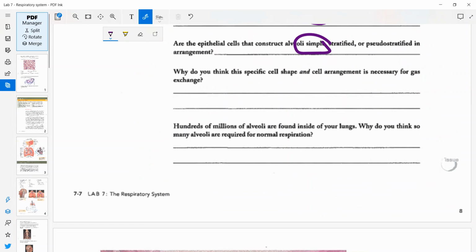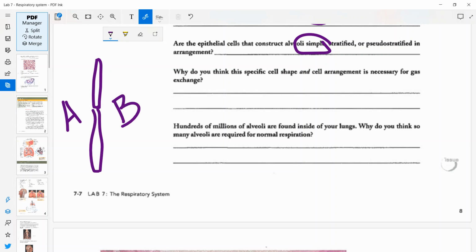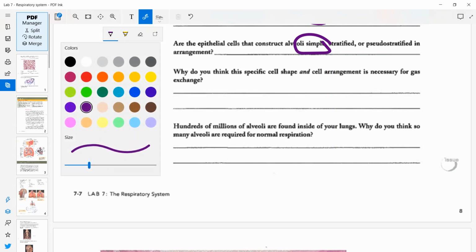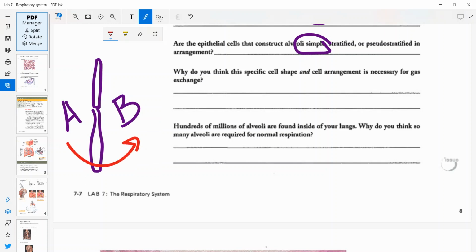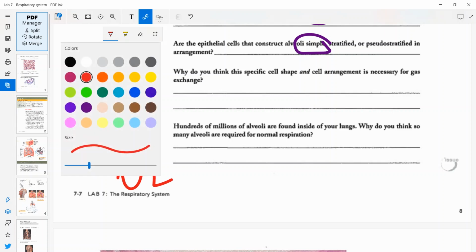Why is it simple squamous epithelium? Well, think of it this way. If you have a layer of extremely thin cells, with the alveolar side here and the blood side there, then it will be very easy for oxygen to go from the alveoli into the blood because the barrier is pretty thin.